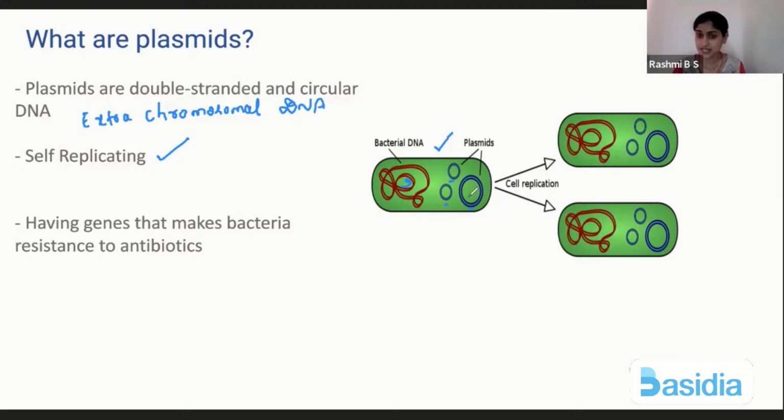See, this is one parental plasmid, and this plasmid replicates into new plasmids. They are not under the control of the main chromosomal DNA. They can replicate on their own without the help of the main chromosomal DNA.